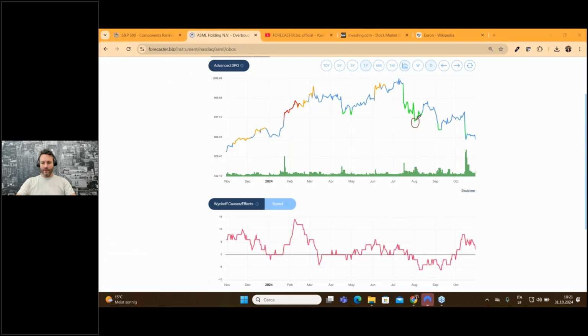Look, a very important low, which was colored in green, another very important low, which is colored in green, a spike in volume here, a spike in volume here.